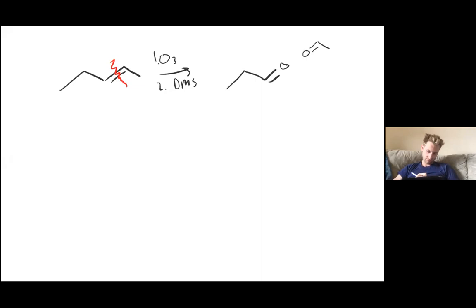So if we were to ozonize this, it changes our reagents a little bit. We got to add in water instead of DMS. Still going to break this triple bond here.